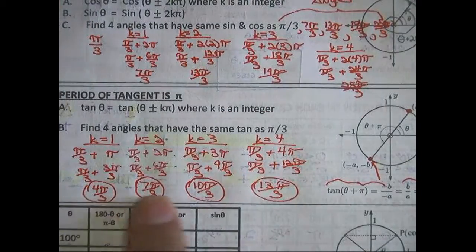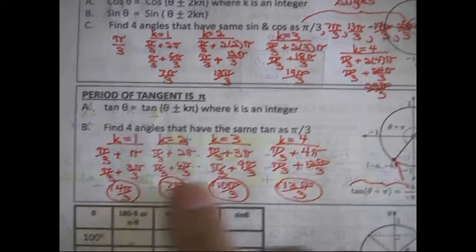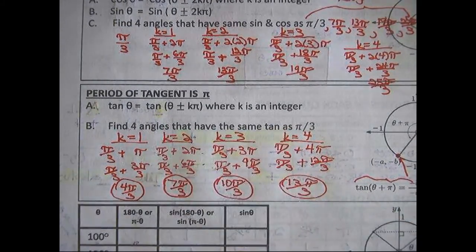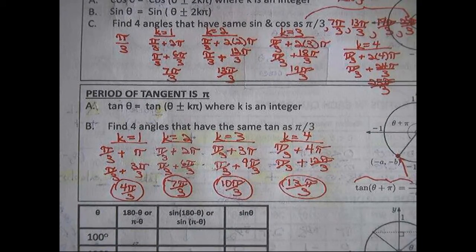So all those four, if you were to type all these into your calculator, you'd get the same tangent. It would be the same number.